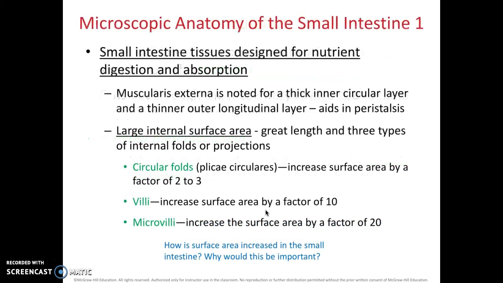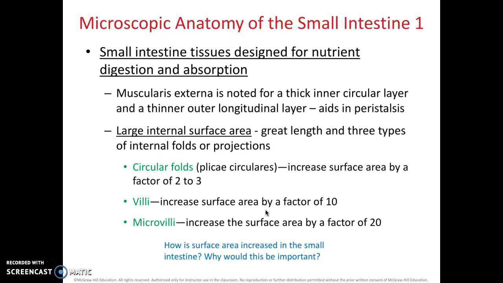The small intestine is a really good example of where form meets function because the small intestine tissues are designed, if you want to use that word, for nutrient digestion and absorption. Because of that, the layers aid in peristalsis, which is that movement of trying to move it from the proximal portion, which is the close portion, to the distal portion or the far portion of the small intestine.